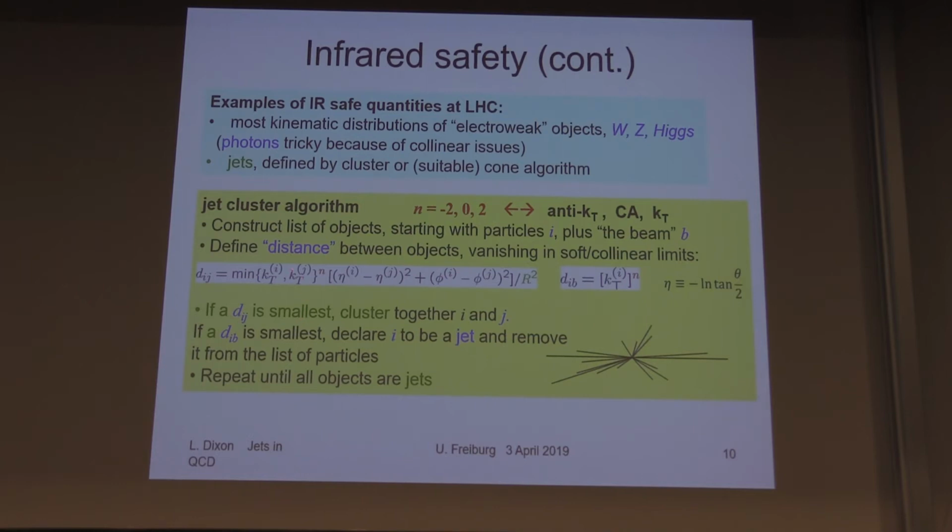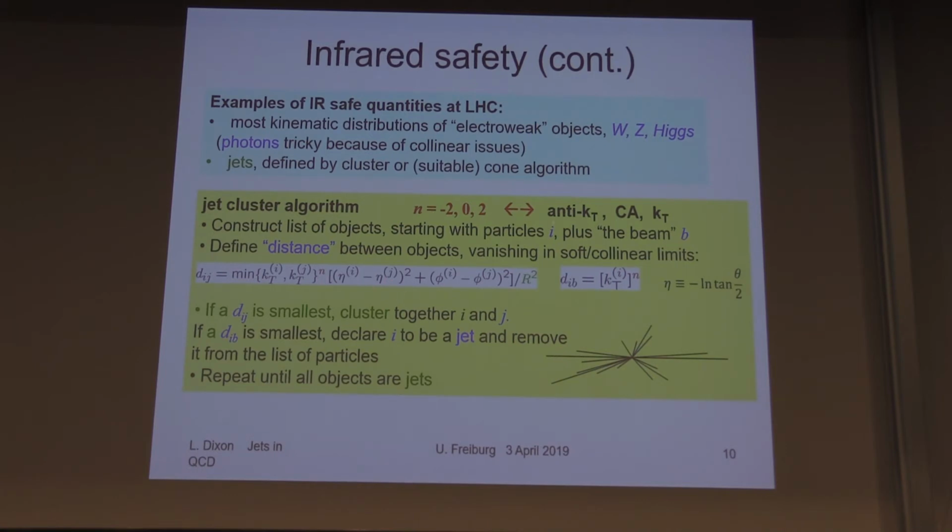And so it tended to cluster, I think, collinear stuff first and soft stuff later. But then, no, sorry, I think I have it backwards. But that gave very irregular looking jets that were not very useful for hadron colliders.